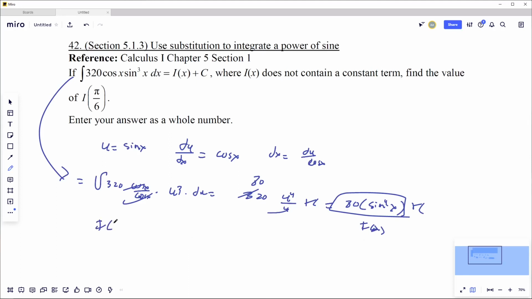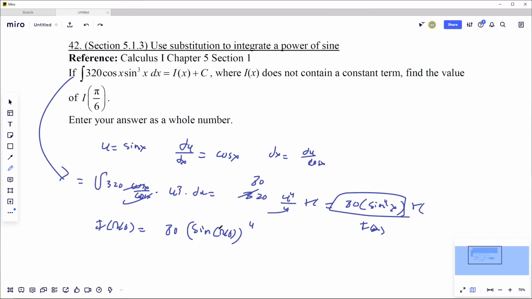This is I of x. So I of pi over 6 gives you 80 into sine of pi over 6, all of this to the power 4. I wrote it differently just to make things clearer, just to know what is sine to the power 4 over this.